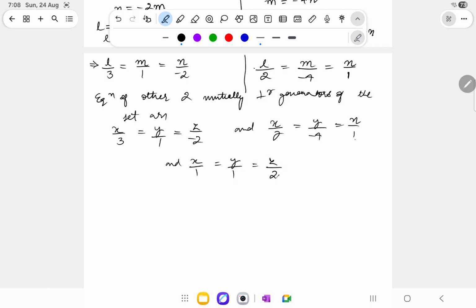You can just verify it. 3 into 1 plus 1 minus 4 is 0. 2 minus 4 plus 2 is again 0. And 6 minus 4 minus 2 is equal to 0. So these three are basically mutually perpendicular, and we have verified also.